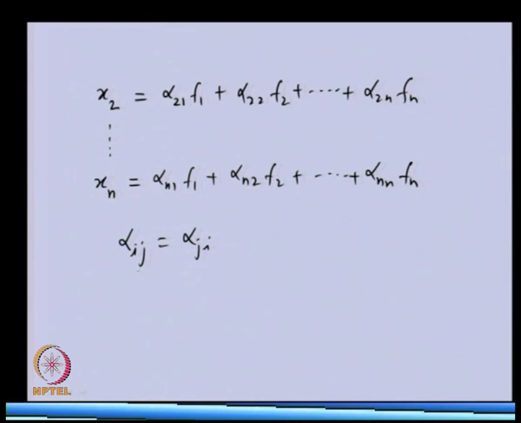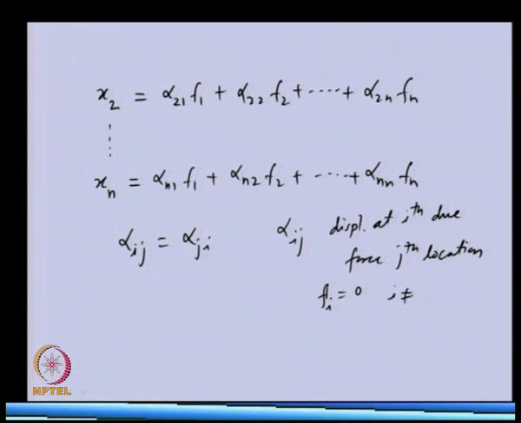So, let us see the definition of the influence coefficient alpha ij. This particular quantity is the displacement at the ith location due to a force at the jth location, when we are keeping the forces at all other locations, that is, Fi is equal to 0 when i is not equal to j.